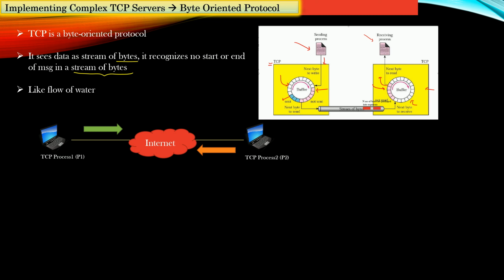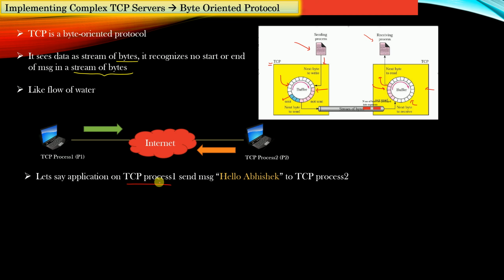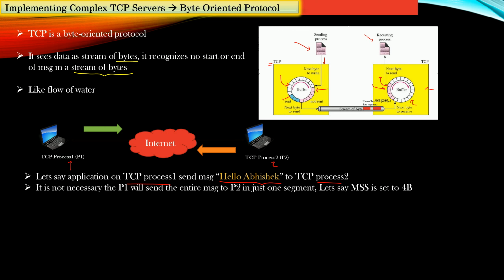So let's say an application on process 1 sends the message hello Abhishek to the TCP running on the other machine, that is process 2. Now it is not necessary that the TCP protocol running beneath process P1 will send the entire message to P2 in just one segment or in one shot.